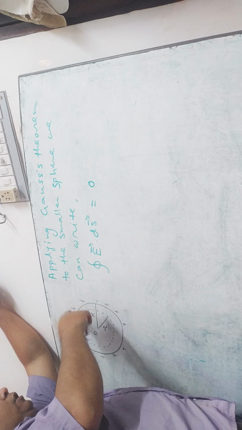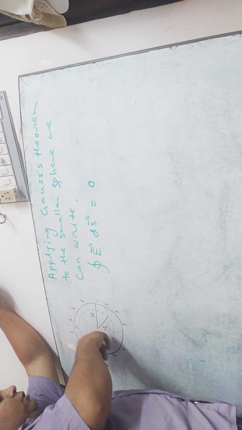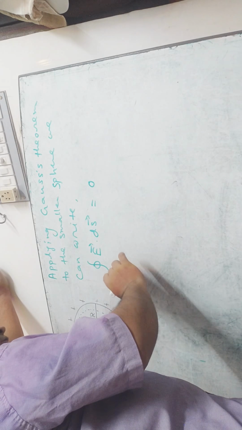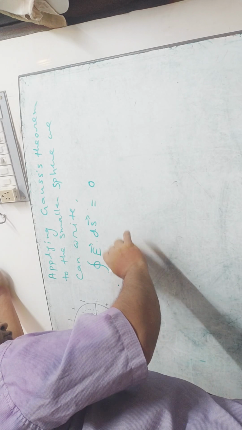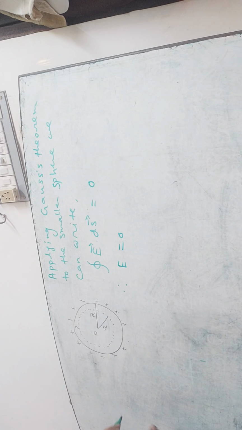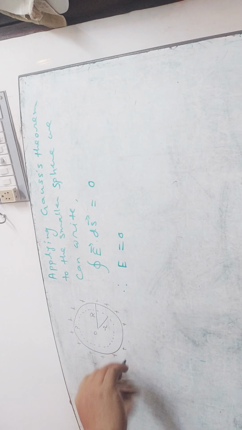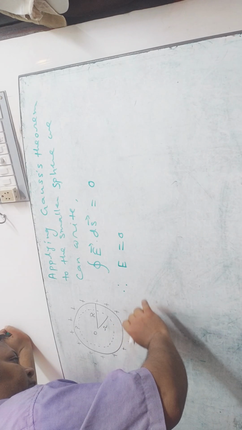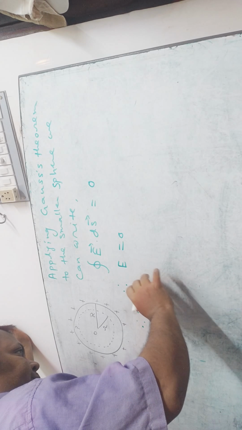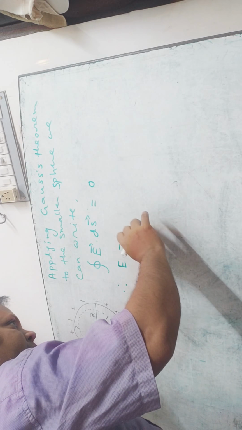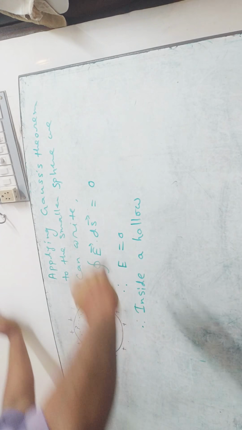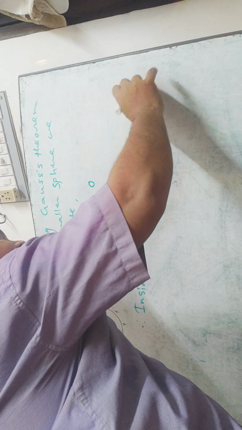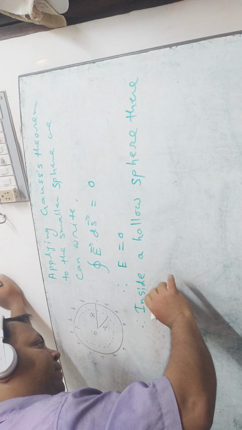The charge lies outside the smaller sphere. Therefore, E is equal to 0. Therefore, inside a hollow sphere, there is no electric field.